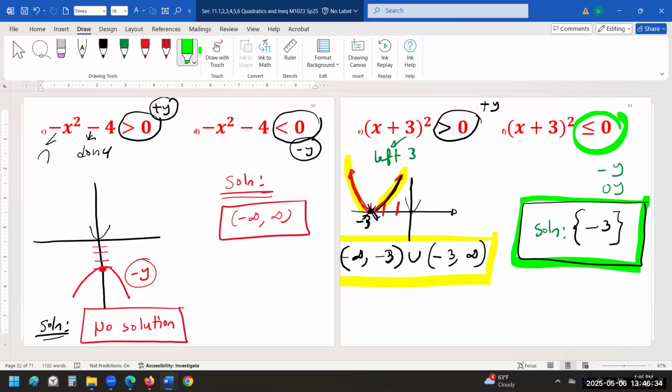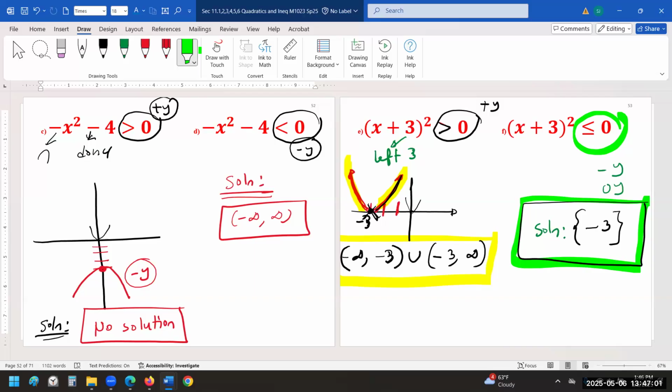Solve for x only when you're crossing. No, it depends on what you're looking for. The negative positive doesn't depend on your parabola. Negative positive depends on what you're looking for. Always, everything depends on what you're looking for.